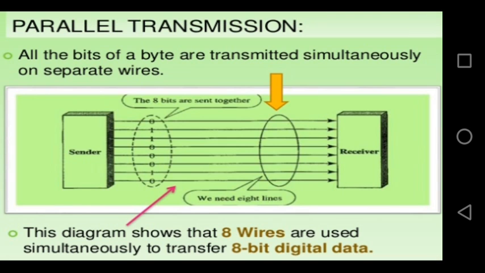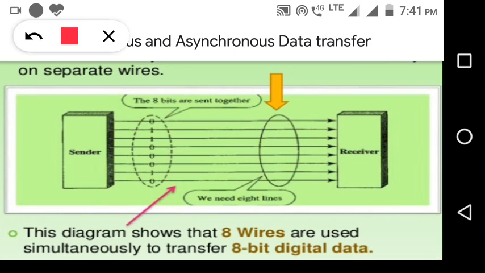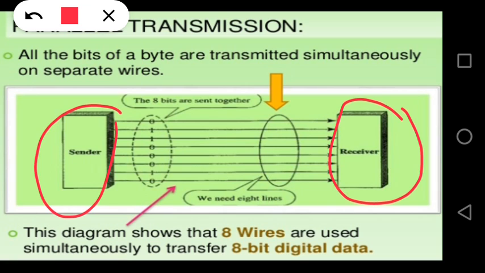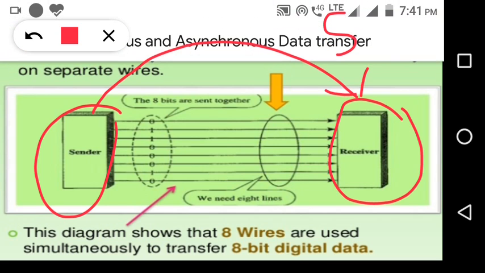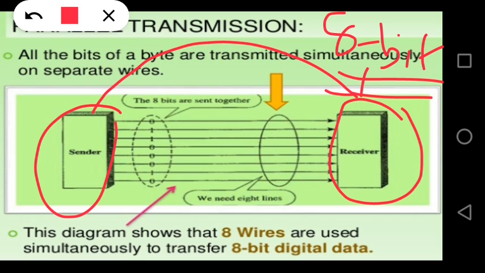First we see what is parallel transmission, how it works. All the bits of a byte are transmitted simultaneously on separate wires. See, this is my sender and this is the receiver. So if I want to send 8 bits of information from sender to receiver, I need 8 wires.